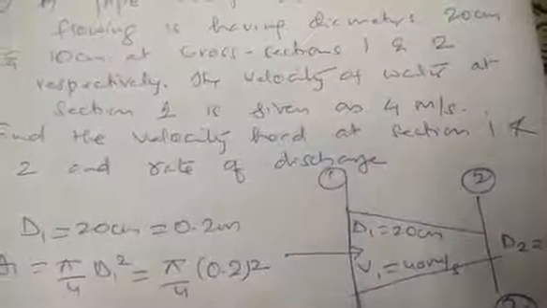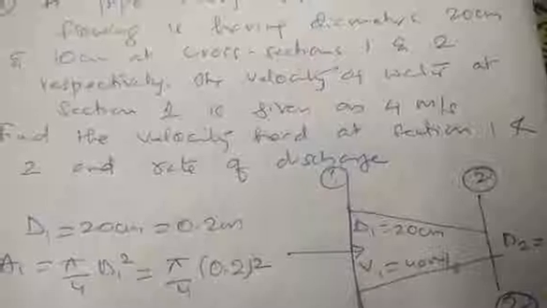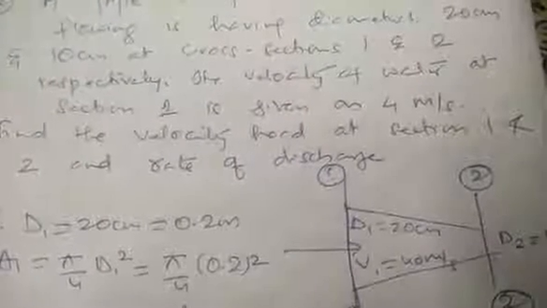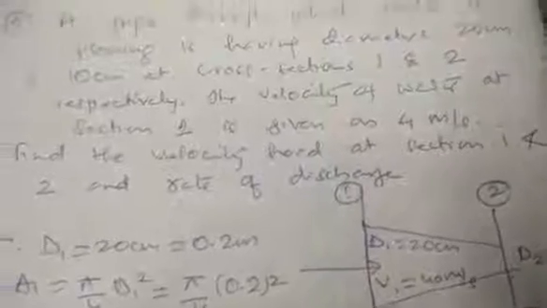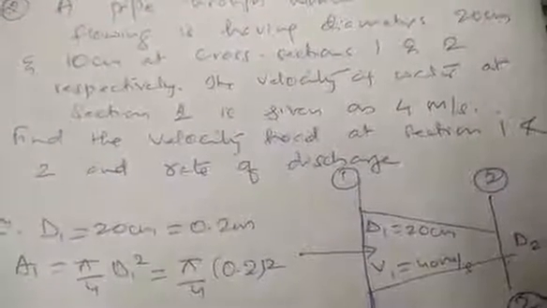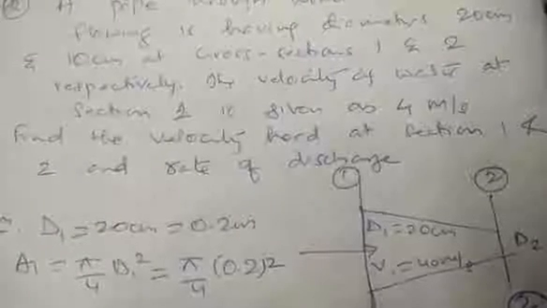The velocity of the water at section 1 is given as 4 meter per second. Find the velocity head at section 1 and 2 and the rate of discharge. You need to find out the velocity head at section 1 as well as section 2 and also the rate of discharge. We can see here, this is the diagram.